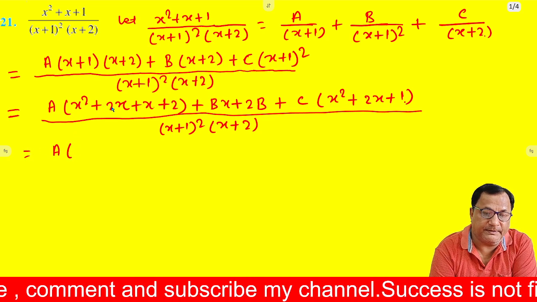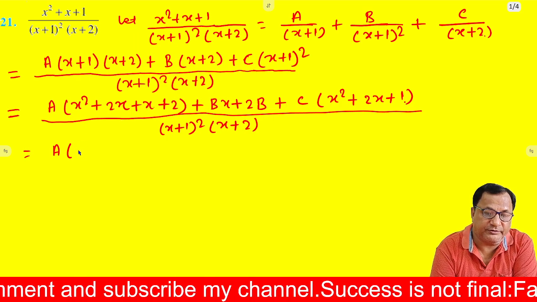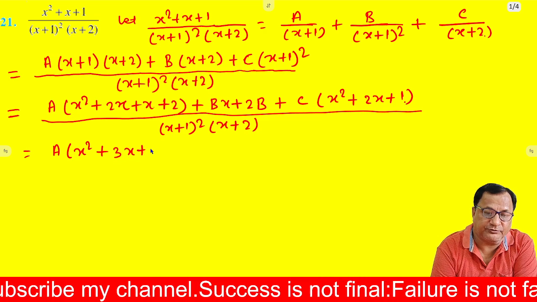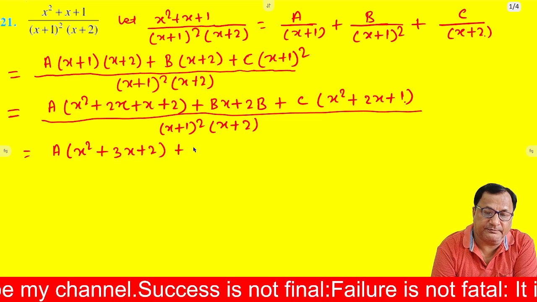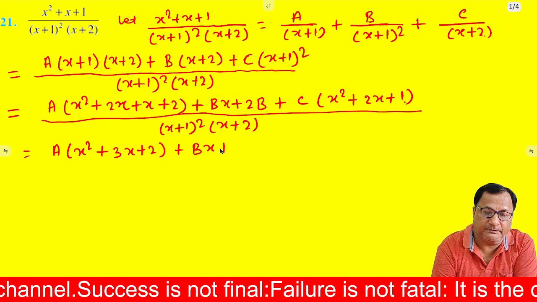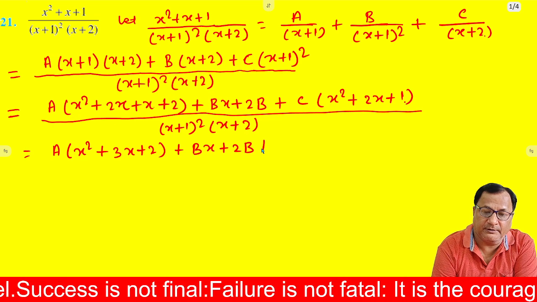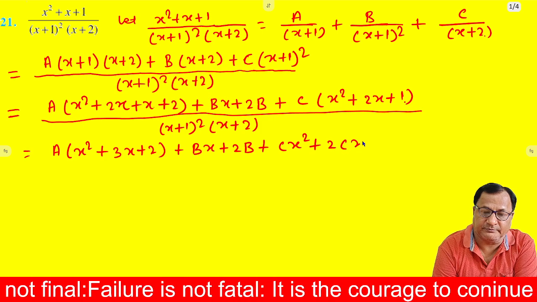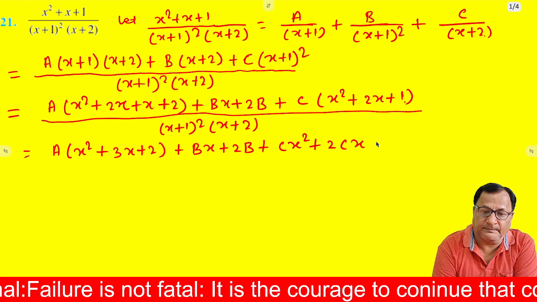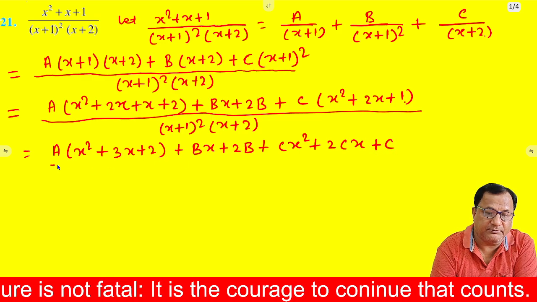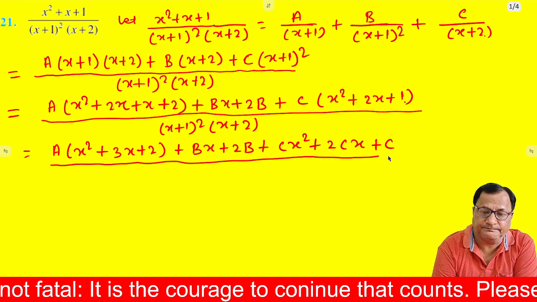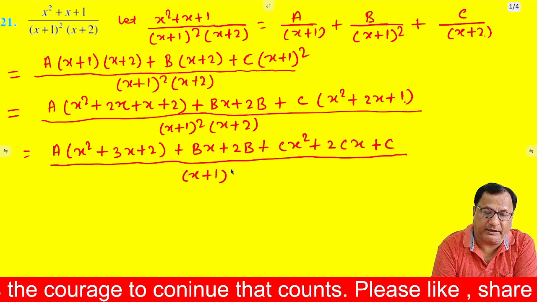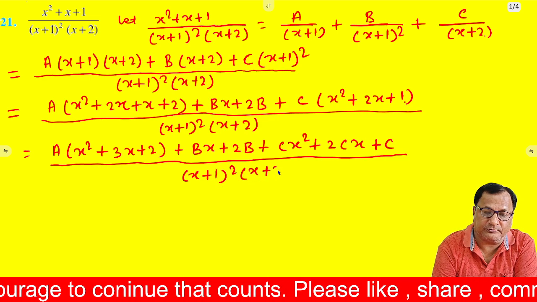This will be a, this 2x and x, 3x: x square plus 3x plus 2, plus bx plus 2b, plus cx square plus 2cx plus c, all divided by (x plus 1) whole square (x plus 2).